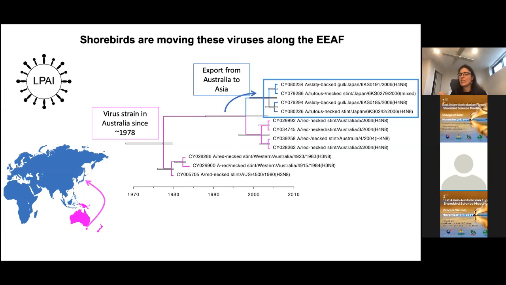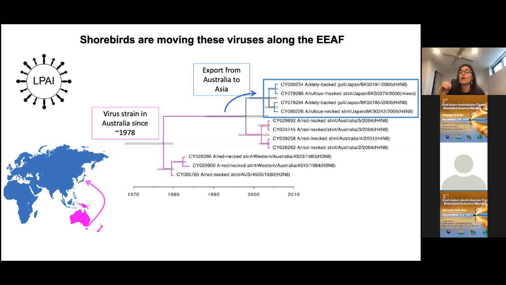Now, just because we detected it in stints in these locations doesn't mean it was necessarily moved by stints, but because it's in shorebirds, we can say it's been moved by shorebirds, and that's based on some data from the US where they've been sampling a long time. Now, most of the movements of viruses along our flyway are from Asia to Australia. This is the only time we've ever seen movement from Australia to Asia.